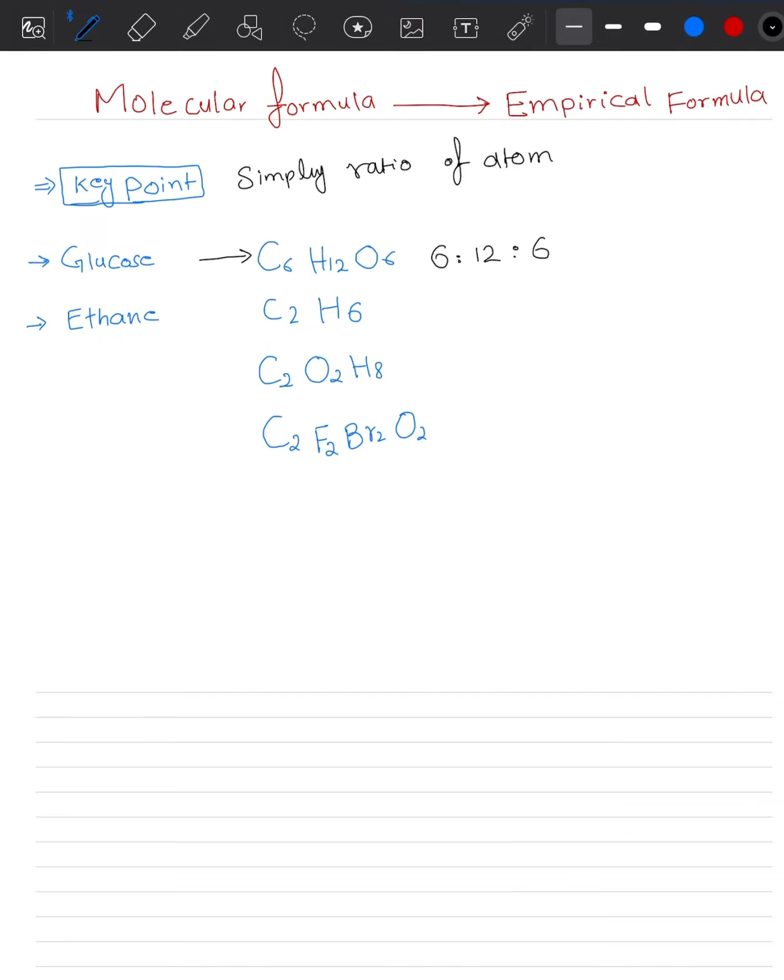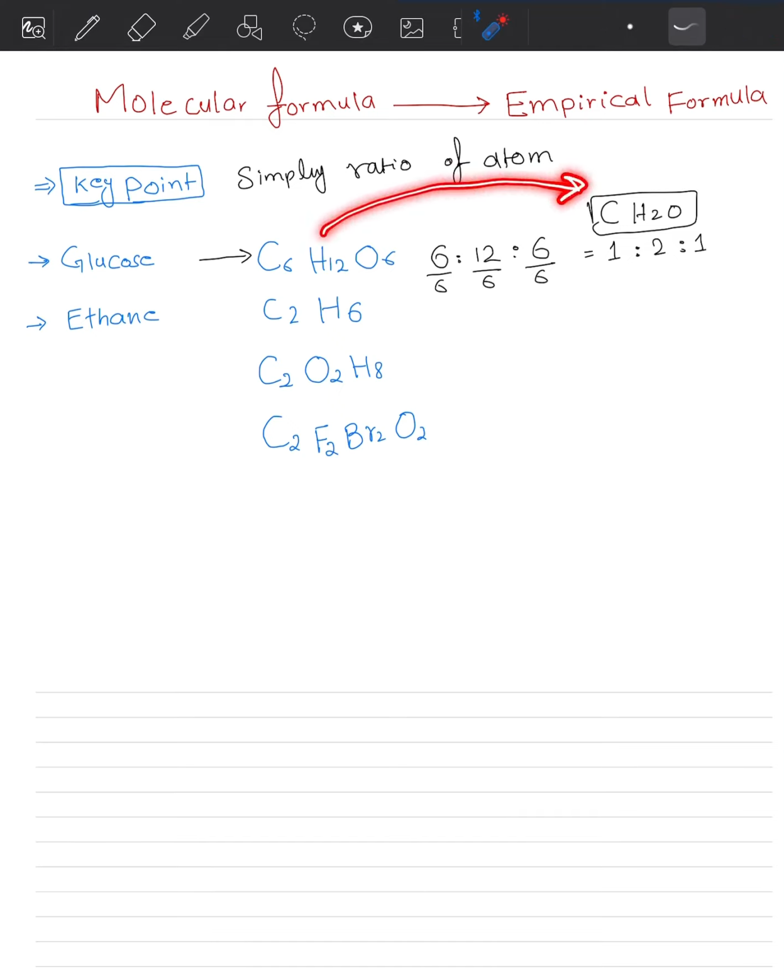If we want to simplify, we will divide it by 6. So we will get 1 to 2 to 1. So the formula will be C1, because now the subscript of C is 1, H2O. So this is the empirical formula, and this is how we change molecular formula into empirical formula.